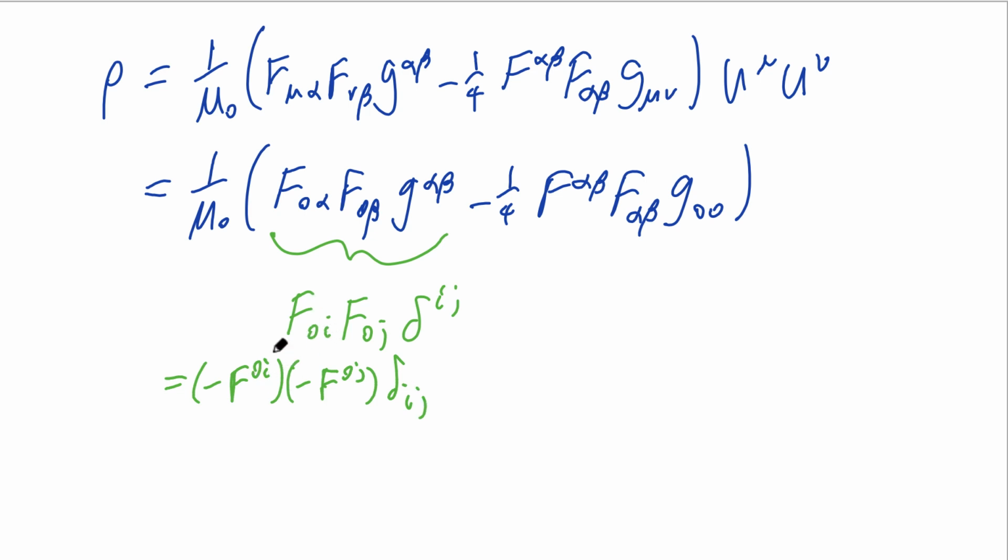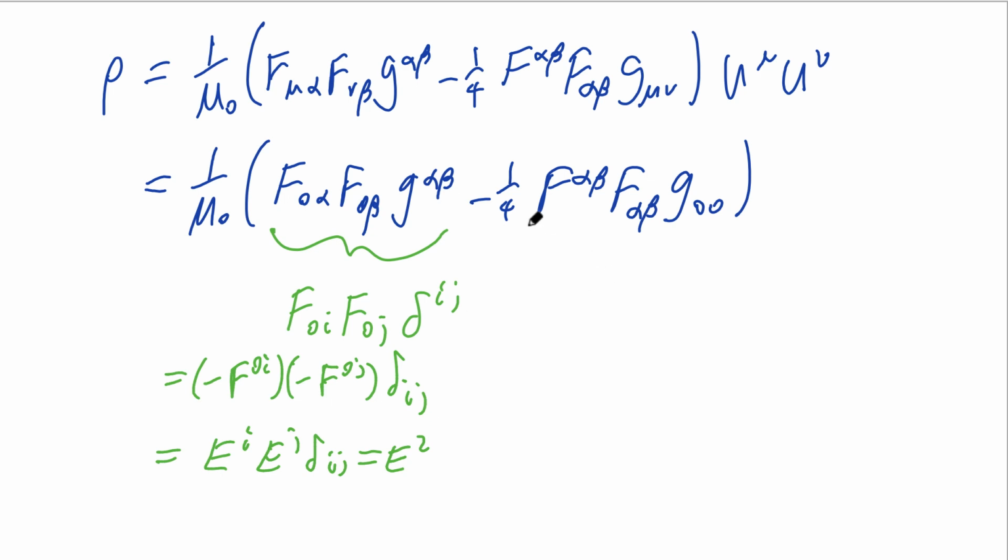When we raise the zero index, we get the minus sign because of the minus 1 in the Minkowski metric eta^{mu nu}. And raising the spatial index is done for free, so to speak, because the spatial part of the Minkowski metric is just 1, 1, 1. So when we raise the zero index, we pick up a minus sign here, another minus sign here. And of course, I can lower these ij indices for free because, again, the spatial part of the Minkowski metric is just the identity matrix. So the minus signs cancel, and this is the electric field E^i E^j delta_ij, or the square of the electric field vector.